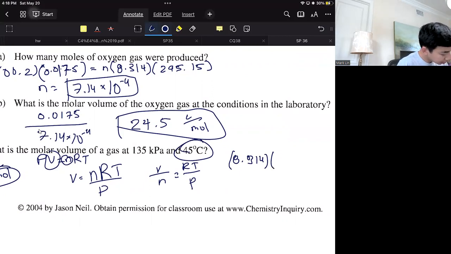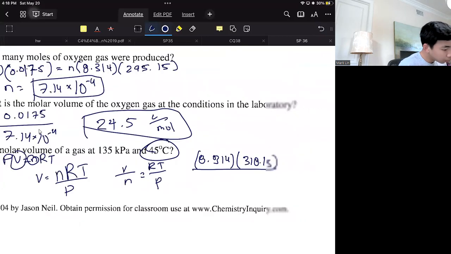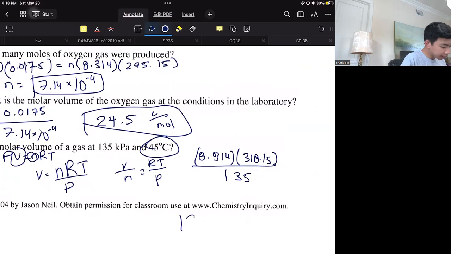So it's 318 over the pressure, 135. And you're gonna get 19.6 liters over moles.